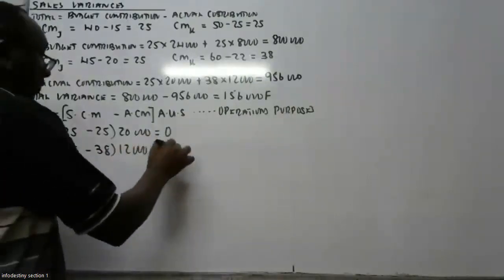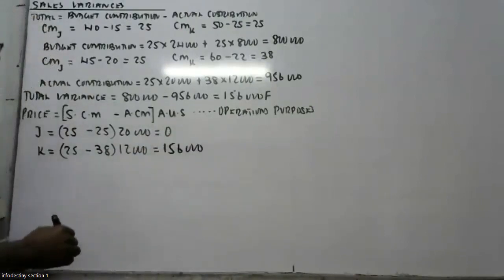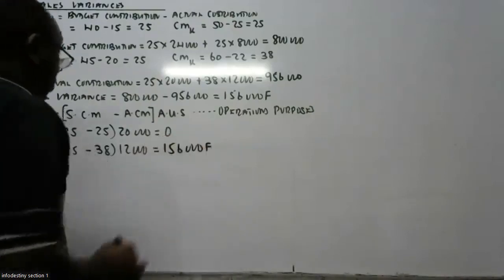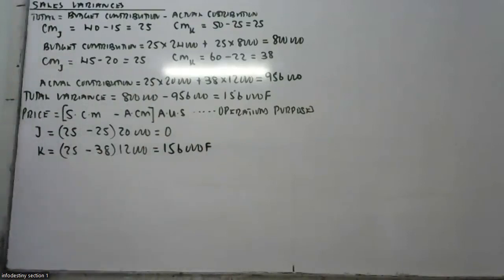So this is 156,000 favorable. It's favorable because we got a higher contribution margin.